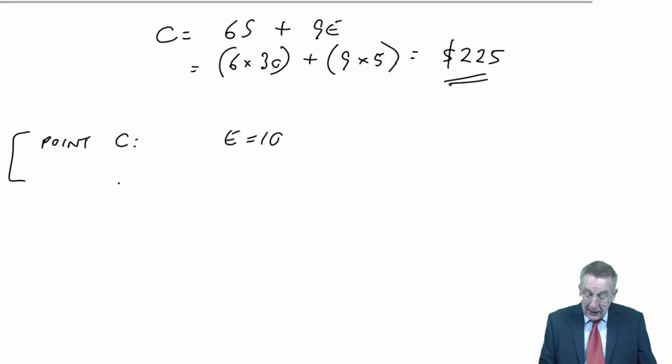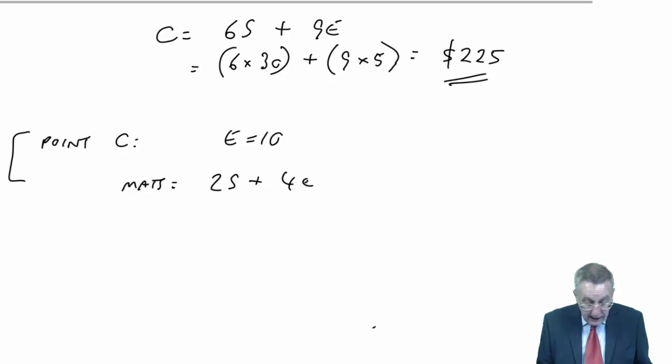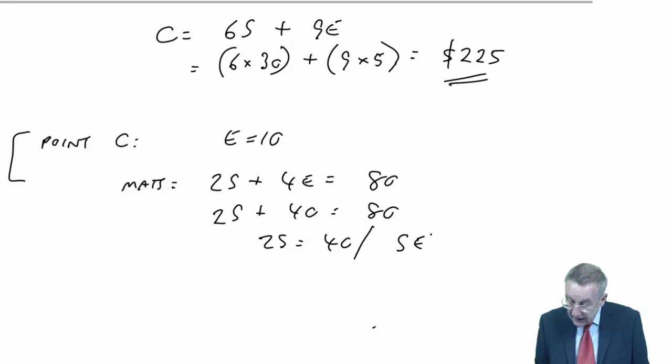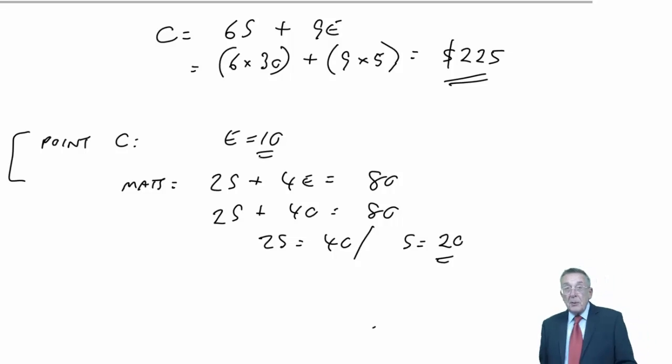And so the materials line, 2s plus 4e equals 80. If E's 10, then 2s plus 40 equals 80. 2s would be equal to 40, therefore s would be equal to 20.